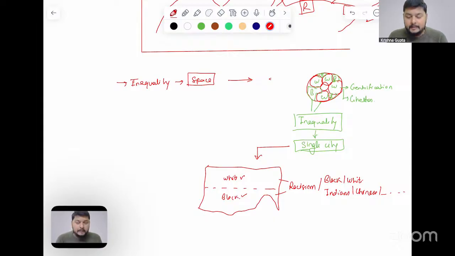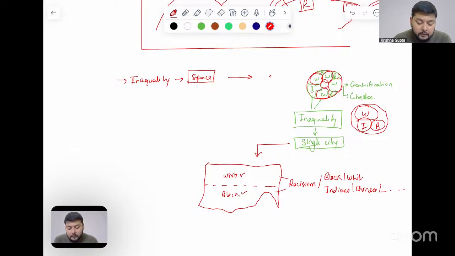In contemporary times also, there are certain colonies where only Indians live, certain colonies where whites live, and certain colonies where blacks live. So these are things seen in the form of inequality prevalent in space. Not only inequality in space, but also inequality in terms of poverty was seen.